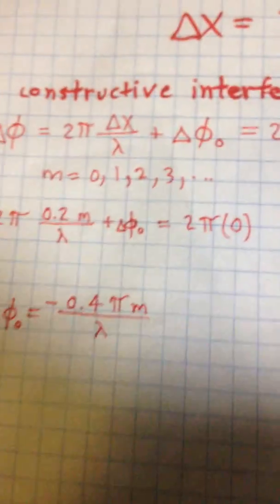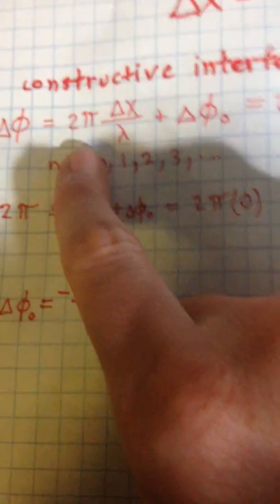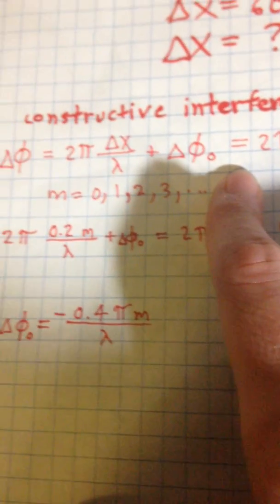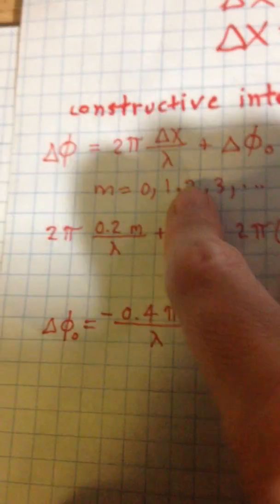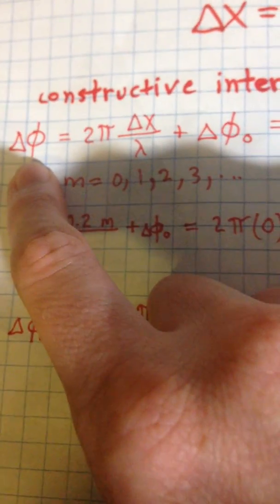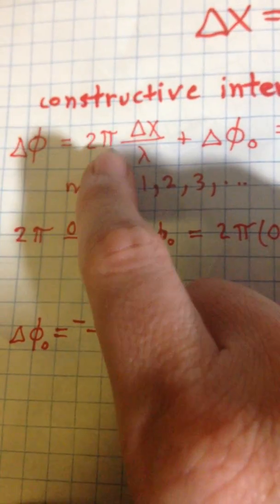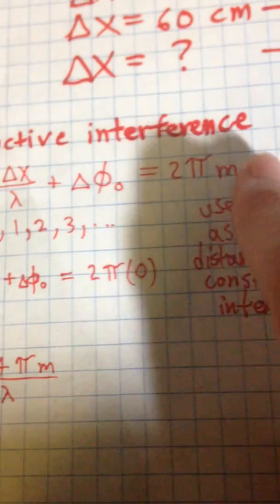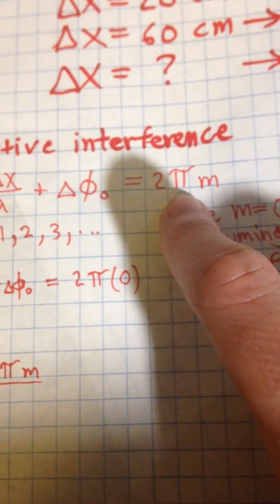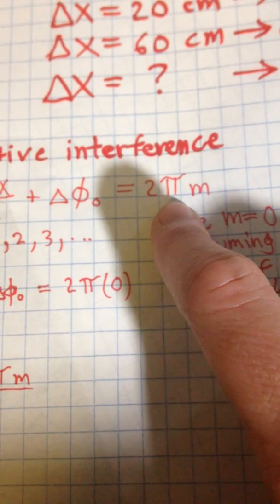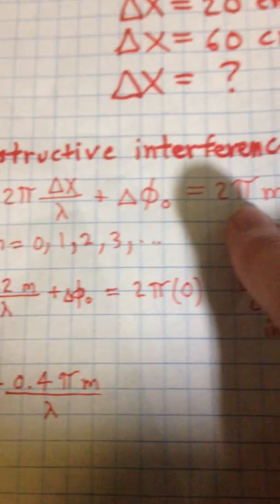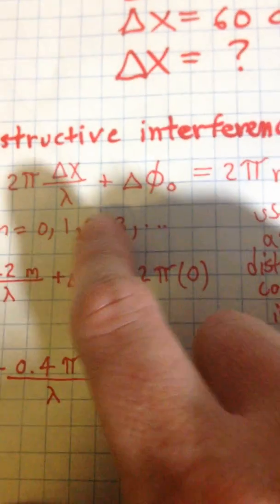For the constructive interference, we can use the equation for the phase change, and we use that because on this side of the equation we have no unknown variables. So that takes care of one side of the equation.